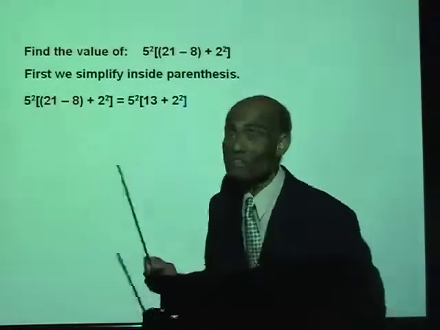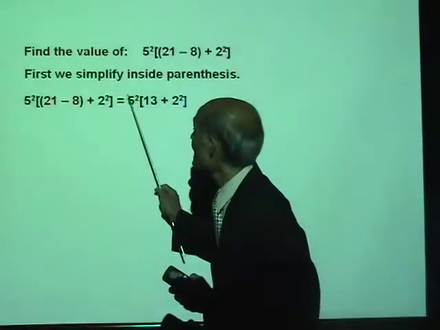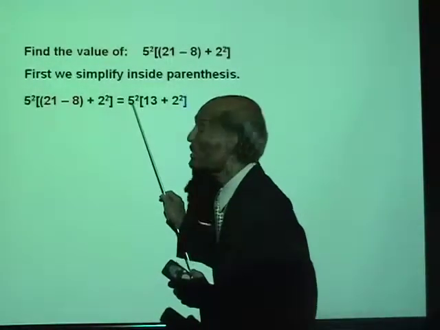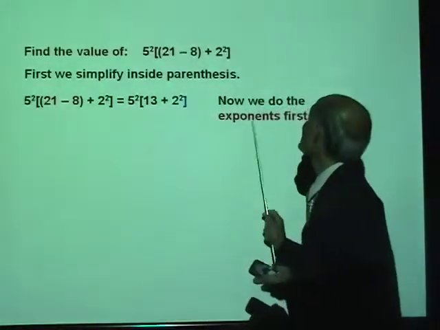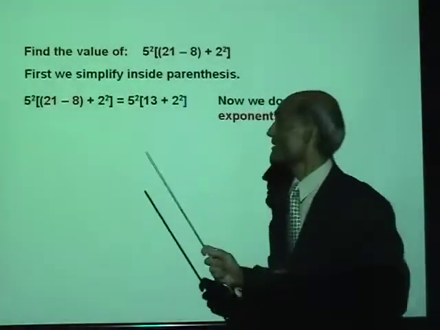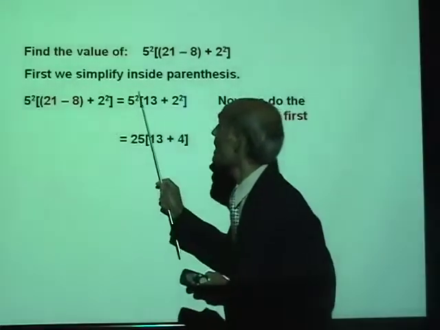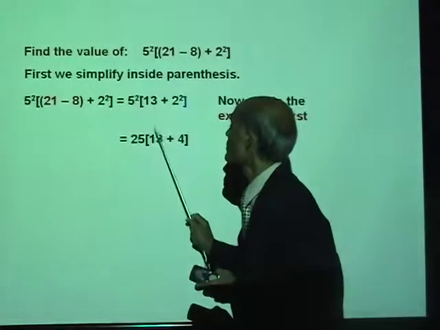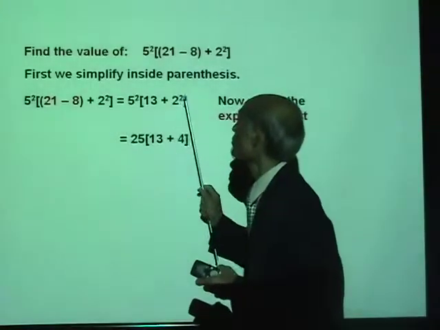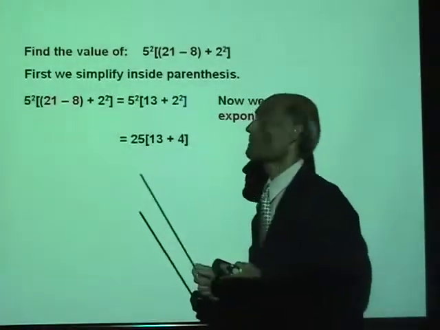Alright, what is the next thing to do? Find or evaluate these exponents. Now we do the exponents first. Alright, and that will be 5 squared is 25, square bracket, 13 plus 2 squared is 4.